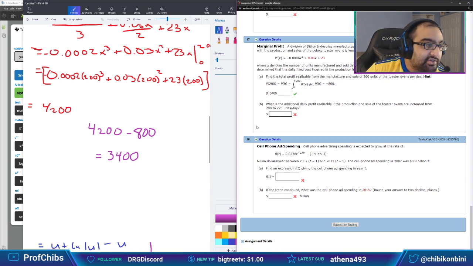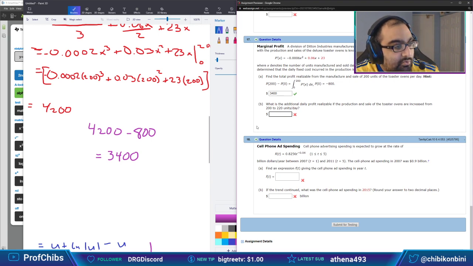Now it does ask you here for letter B. It asks, what is the additional daily profit realizable if the production and sale of the toaster ovens are increased from 200 to 220? So essentially we're going to go from 200 and we're just bumping it up to 220 at the end of the day.